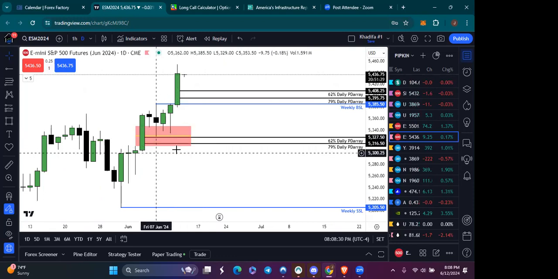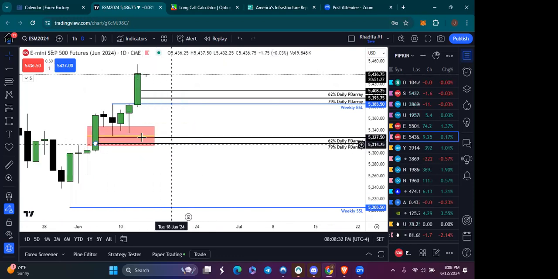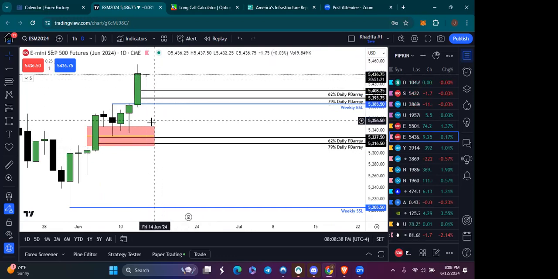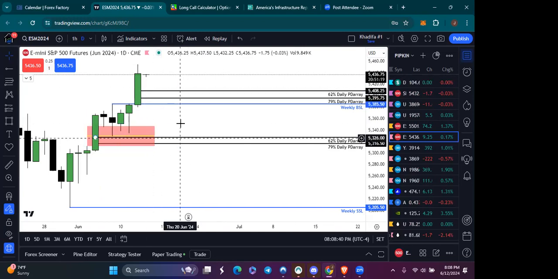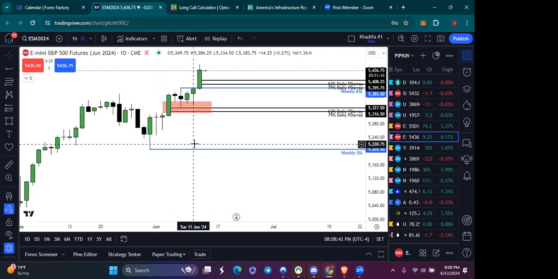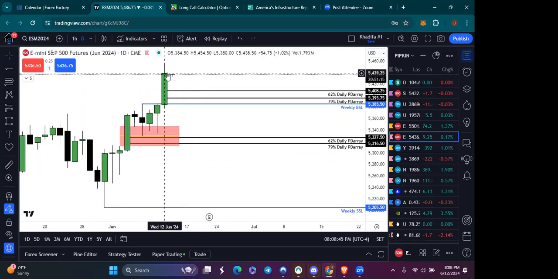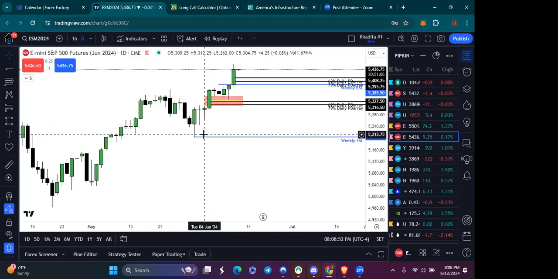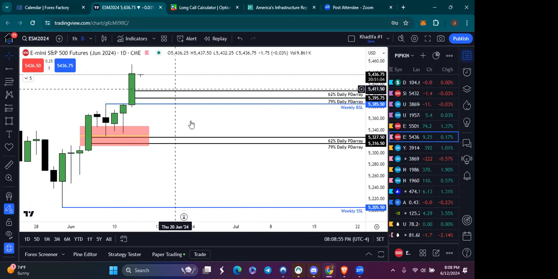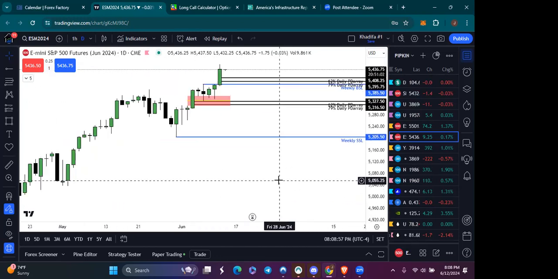These down here are still my target that I would like to see price eventually come to by the end of the week or sometime during next week, right? However, with high impact news coming out tomorrow and Friday, we could see futures just continue to run higher until we run out of gas.